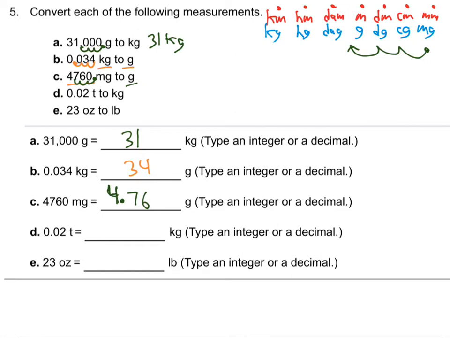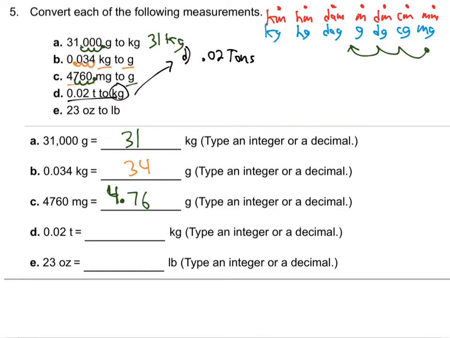Now for parts D and E, it's not going to be so easy because all of a sudden we are back in the English system. On part D, I'm going to start off with 0.02 tons. Now tons, we have to convert to kilograms. That's not going to be easy.